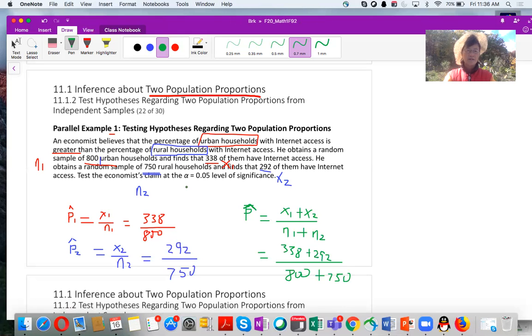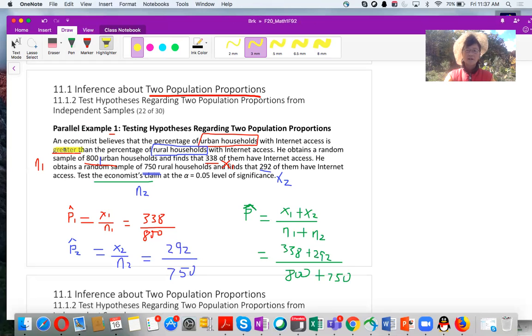And then the question asks you to test the economist's claim. What is his claim? He claims that the percentage of urban households is greater than the percentage of rural households.